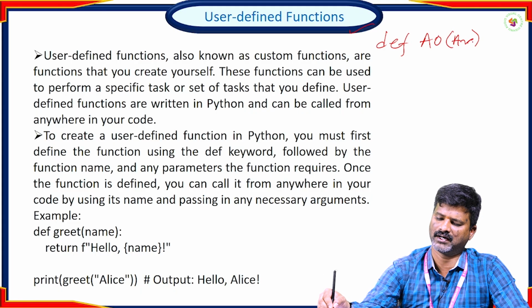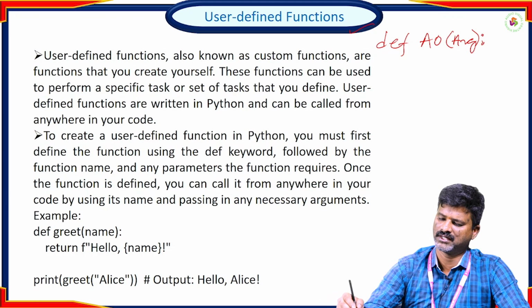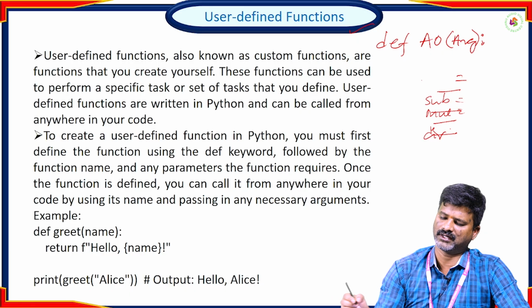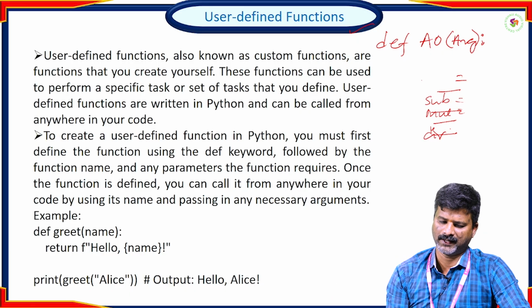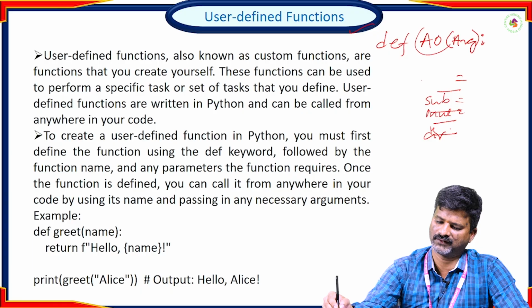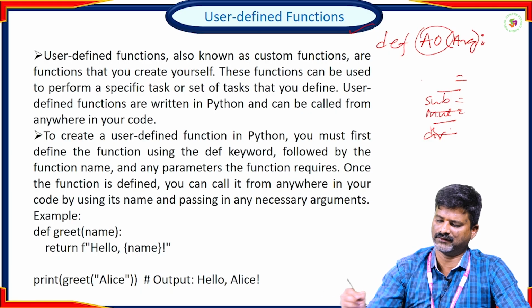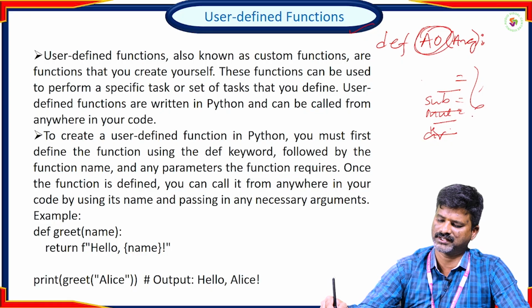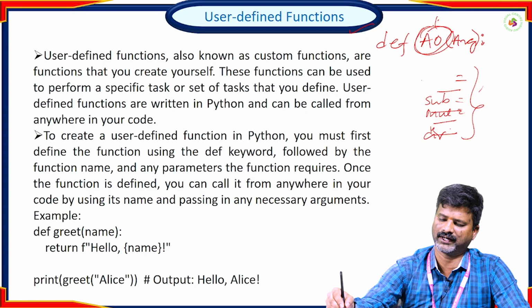I am passing some arguments based on my use case. Inside this I am performing some logic: subtraction, multiplication, division, different operations. Here this is my user defined name. Whenever I am writing this logic, I am naming it. All the operations are placed under this particular name.